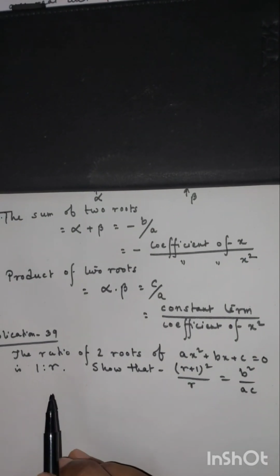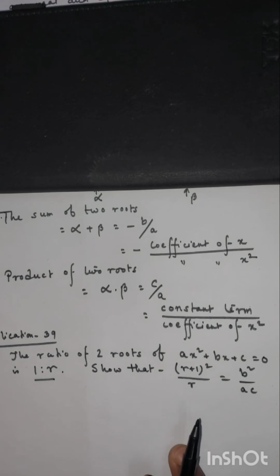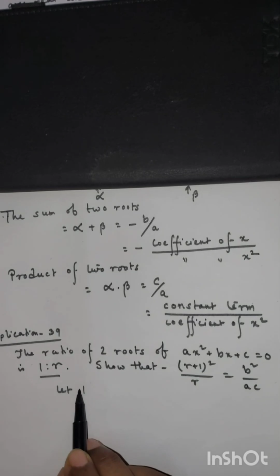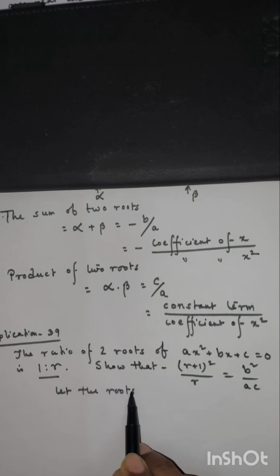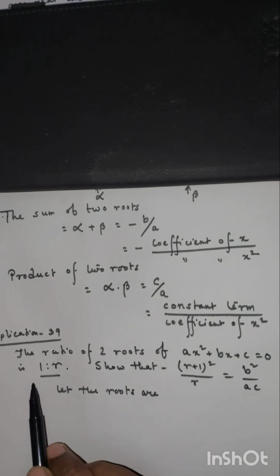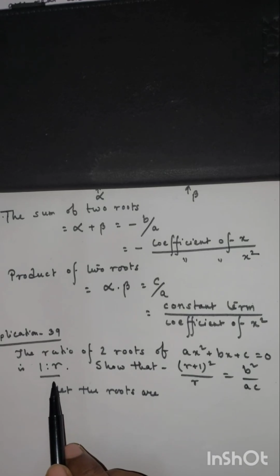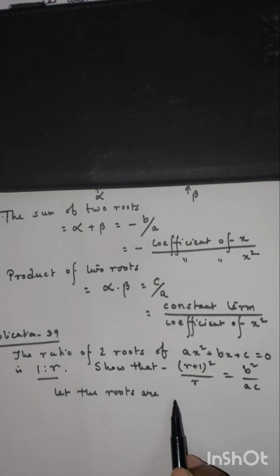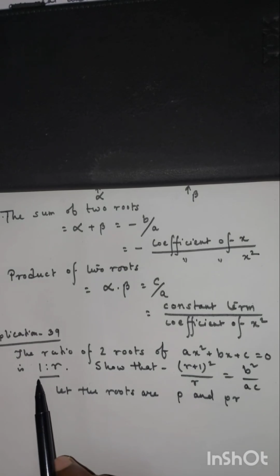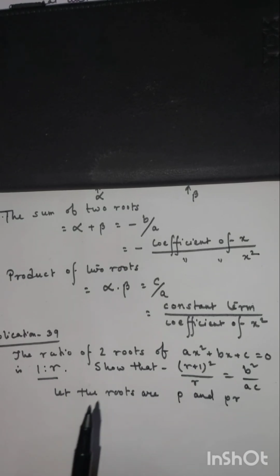So if the ratio of two roots is 1:r, we can open a ratio by multiplying both sides by the same number. So let the roots be p and pr. We are multiplying these two terms by p and opening the ratio. This is how we can open a ratio.